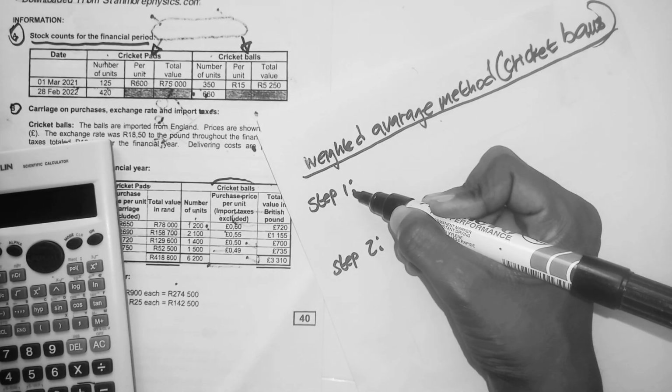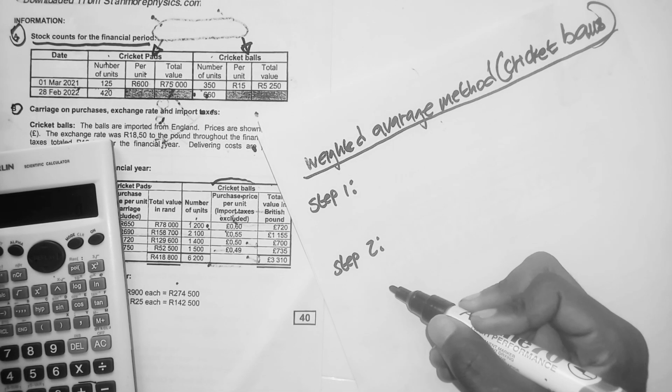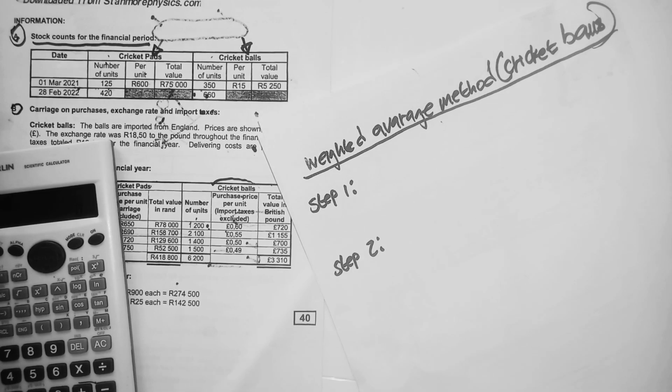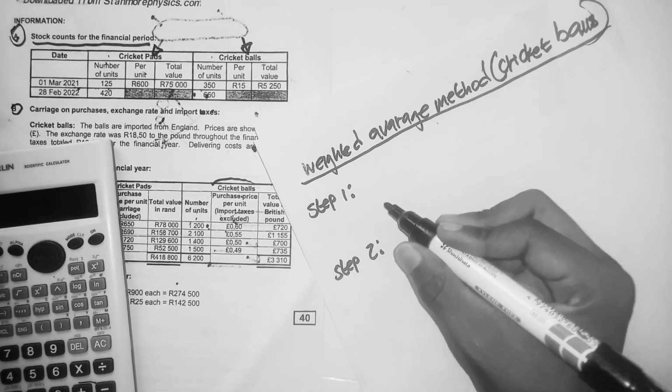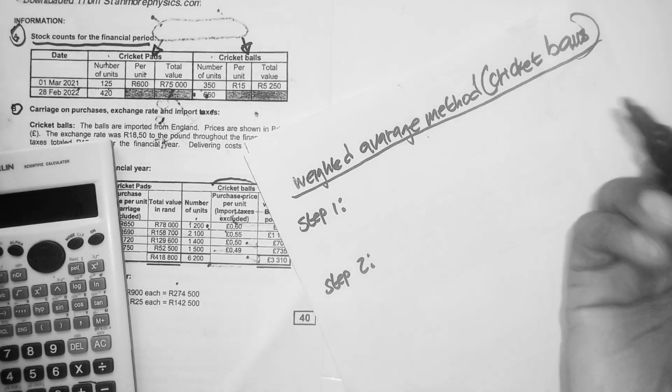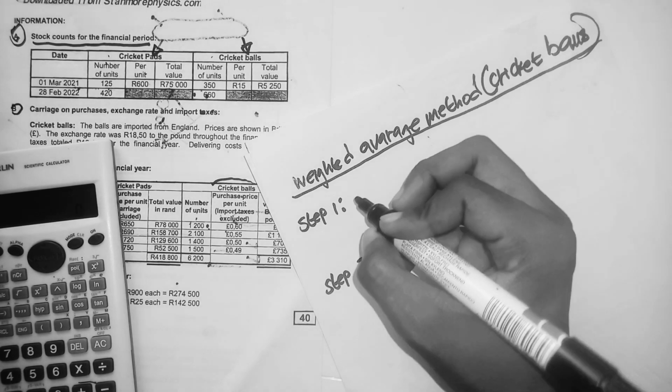Step 1 is always the same. The only difference comes on step number 2. Here is the formula for step number 1, the same one we used on FIFO. Go and watch the previous video in order to understand step number 1.